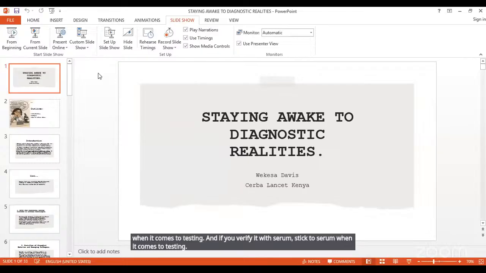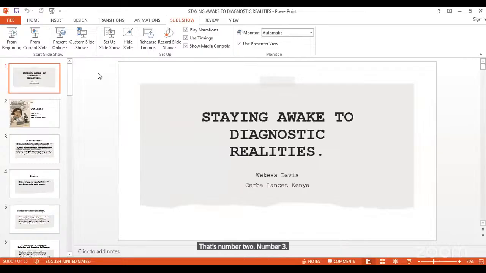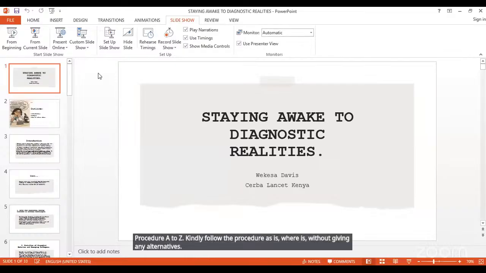That's number 2. Number 3, colleagues, are we sticking to the testing protocols as stated? Kindly let us be vigilant with this. If a kit tells you procedure A to Z, kindly follow the procedure as is, without giving any alternatives.